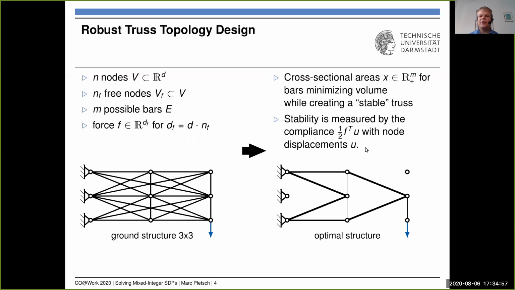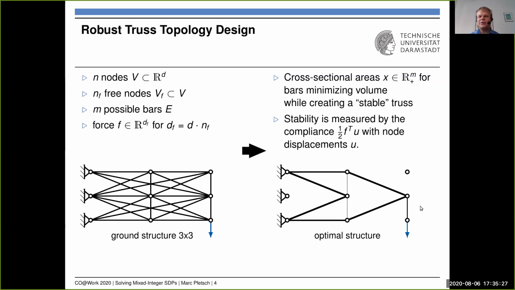Each free node under load will move a little bit, and this inner product multiplies it with the force that has the right dimension here. This compliance can be seen as the potential energy that is stored in the system, and this should be bounded. If it becomes too high, then the structure will break down. And here you see an example of such a structure.